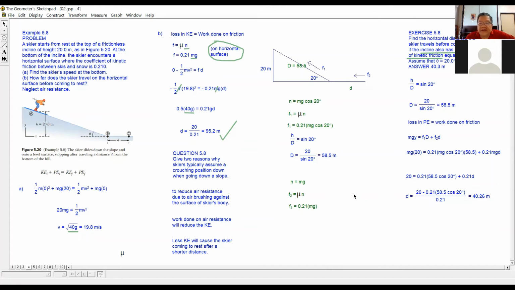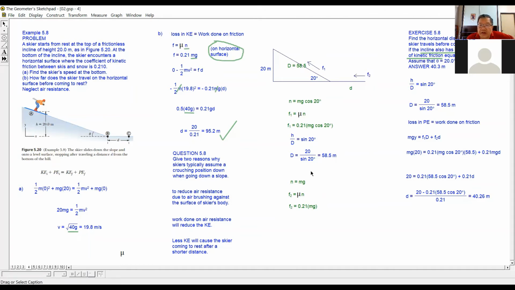Next, we're going to talk about the horizontal distance. Along this horizontal distance, the skier is exposed to frictional force F2. F2 is different from F1. Why?